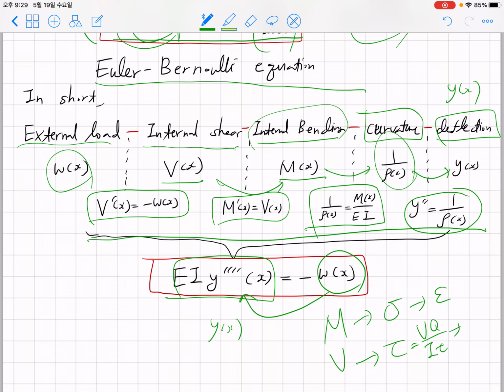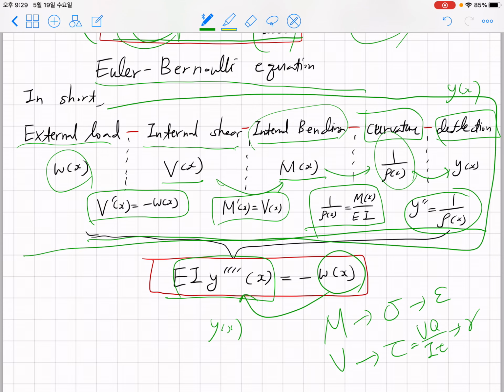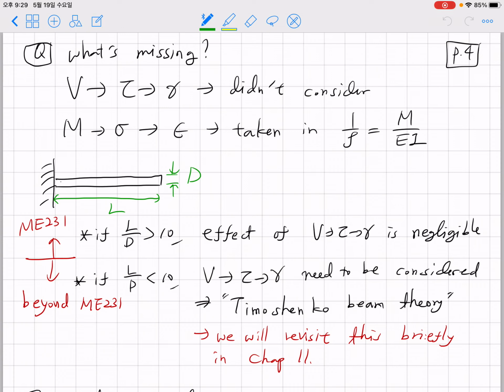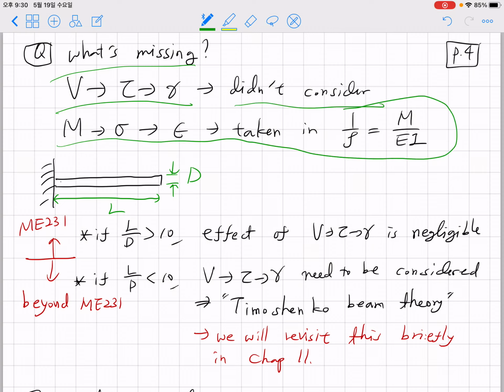And out of this shear stress, you can have shear strain. When you see all those relationships, we have considered the first line, but we haven't considered the second line. I made that discussion in the beginning of page 4. What is missing? We didn't consider the full contribution of shear force, shear stress, and the resulting shear strain. We only consider this through the 1 over rho equals M over EI relationship.